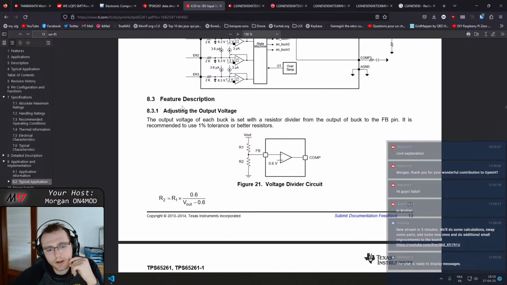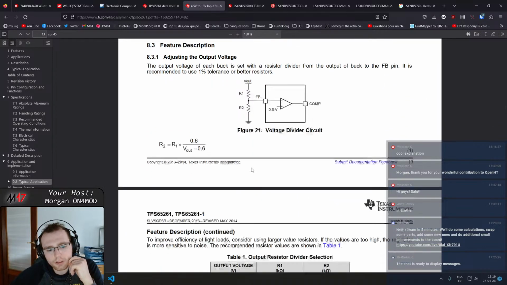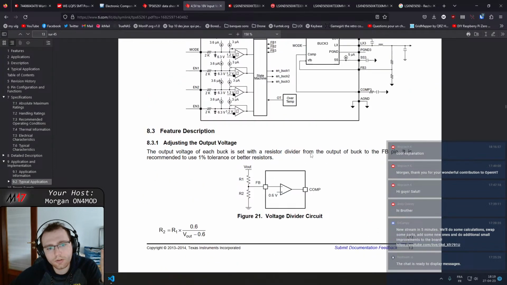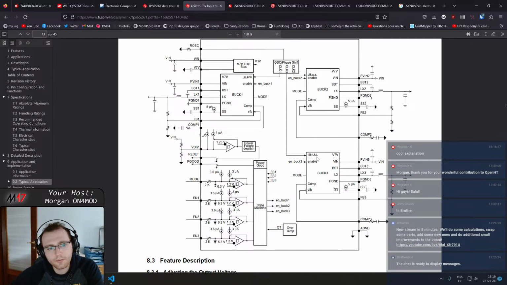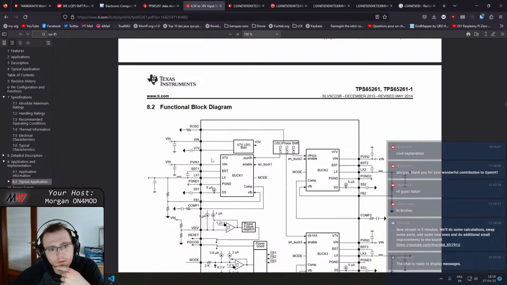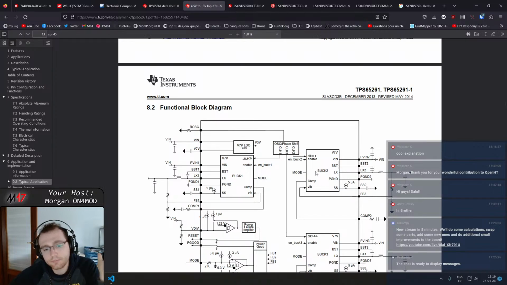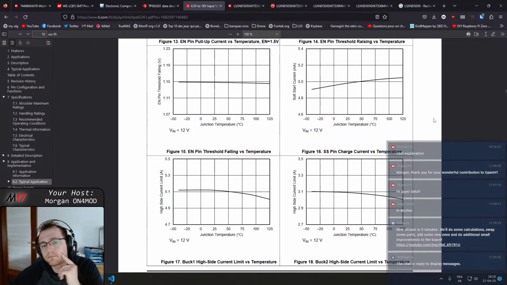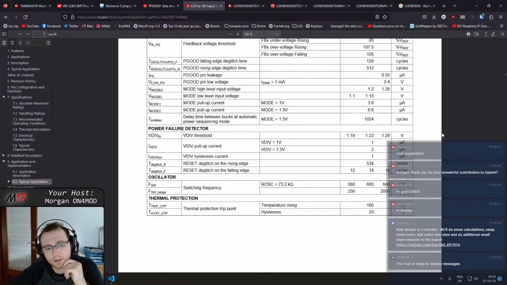Output voltage right here. So this is where you design the divider bridge. They give that, and they don't speak about a capacitor. You can also see that in the functional block diagram, they do not add it. So it's a bit of a mystery when you look at the datasheet.